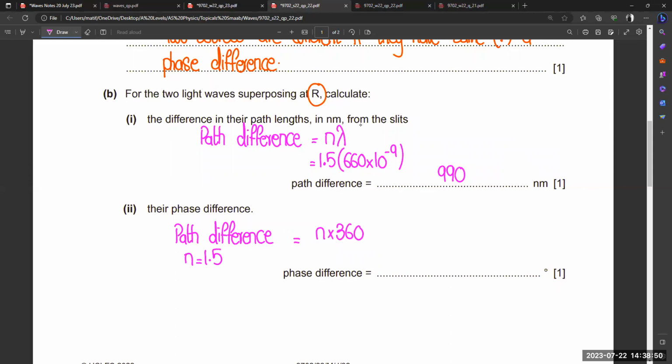So you will get your final answer, that is equal to what? 1.5 multiplied by 360. Okay. And what is the answer? It is equal to 540 degrees, right?